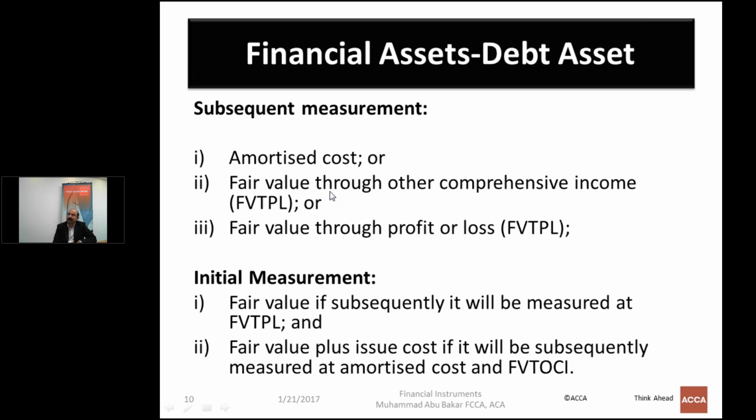Likewise, if certain conditions are fulfilled and you will be measuring that debt or financial asset at fair value through other comprehensive income, again initially it will be measured at fair value plus issue cost.